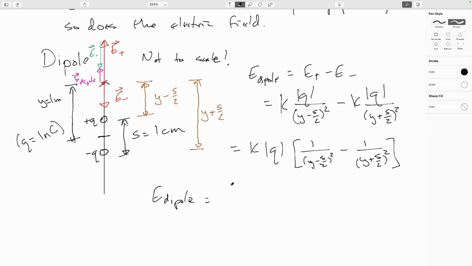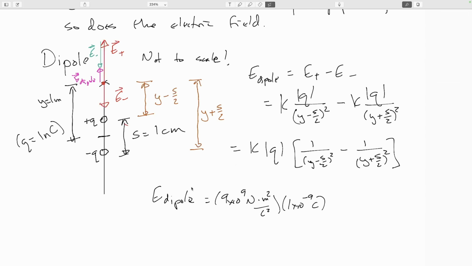So this is going to be, our K is 9 times 10 to the 9 Newton meters squared per Coulomb squared. I said our charge was 1 nanocoulomb. The nano prefix means 10 to the negative 9. So it's 1 times 10 to the negative 9 coulombs. Gonna need a little more room here.